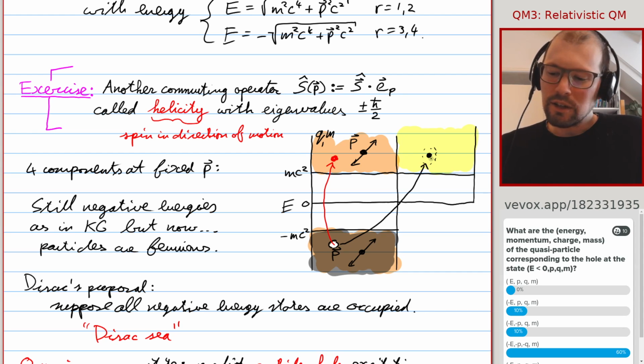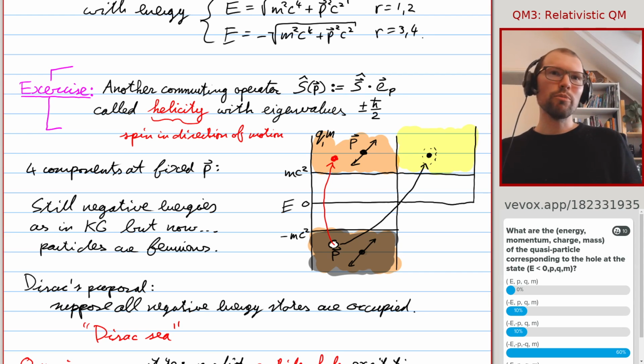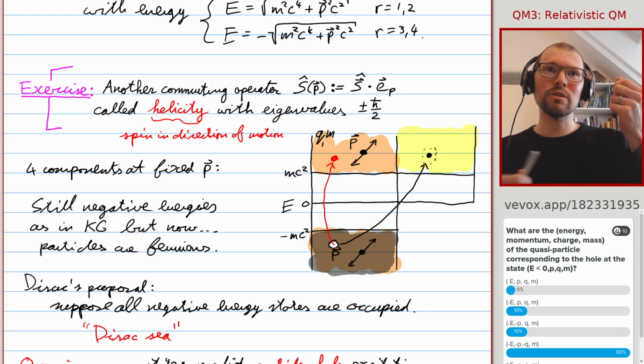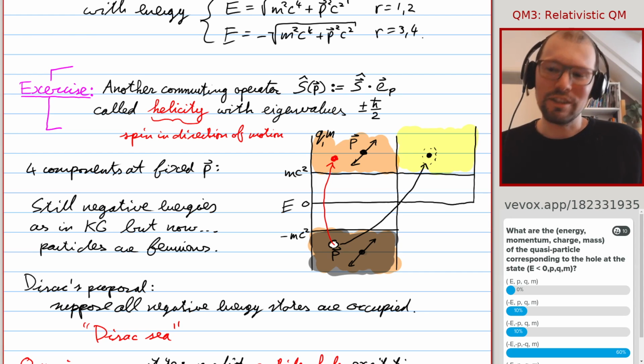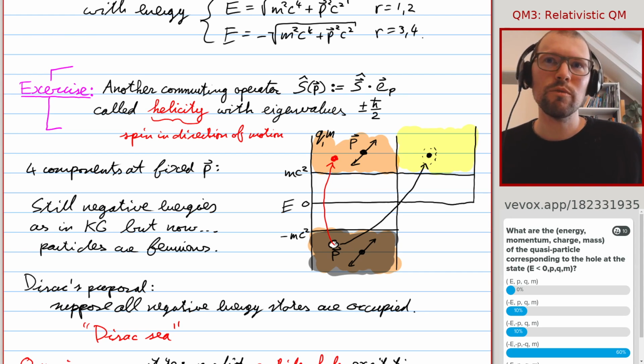So this particle-hole excitation is not turning one particle into another particle. It is creating two particles at once, one electron, one anti-electron. And if they meet again, they can annihilate, which in the Dirac Sea is just thinking of this particle falling back into the hole where it came from.